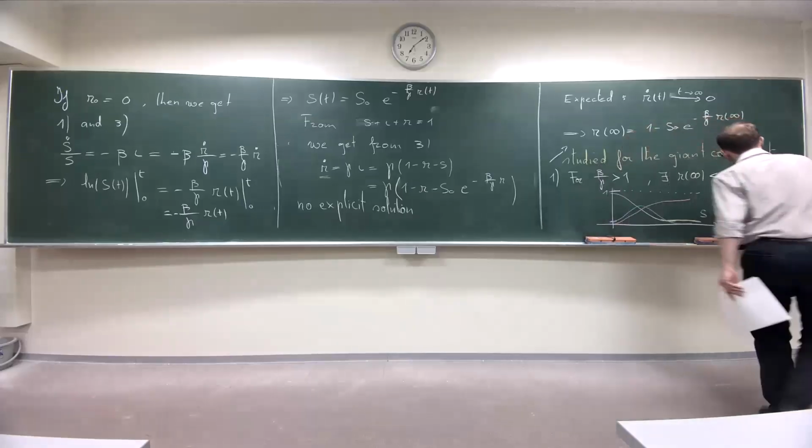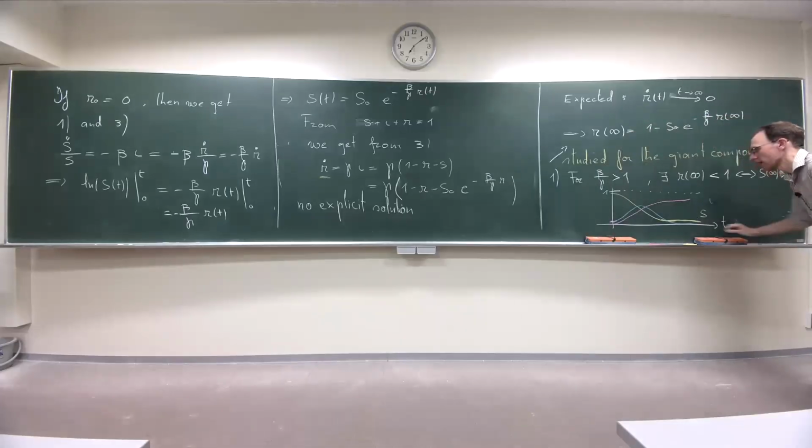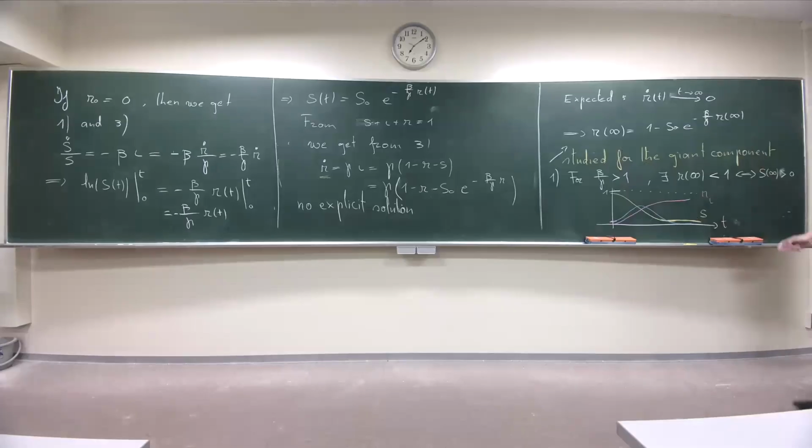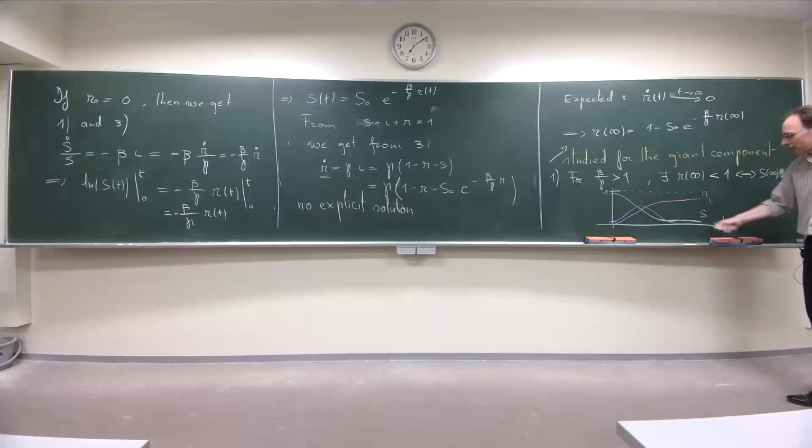The blue one is I, or iota, and the red one is S. Sorry, my picture is not perfect because the sum of these 3 curves should be 1. The blue one is going to 0.